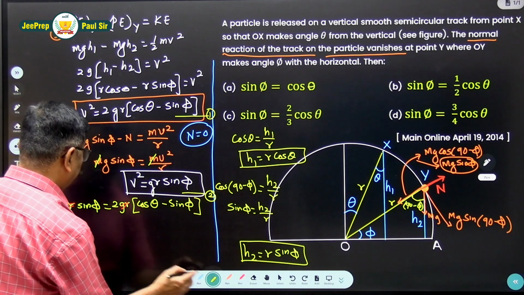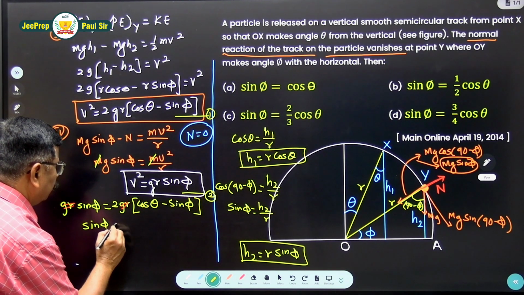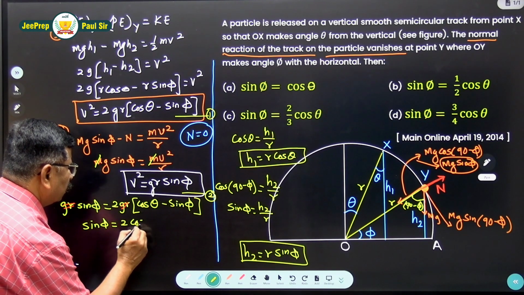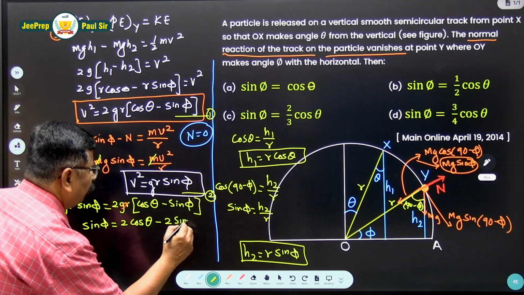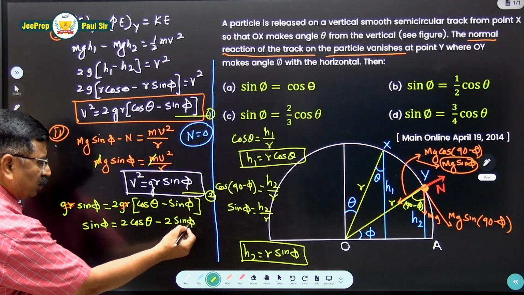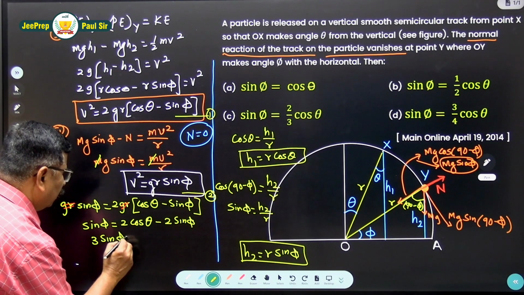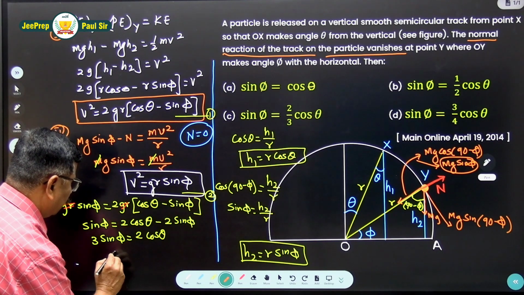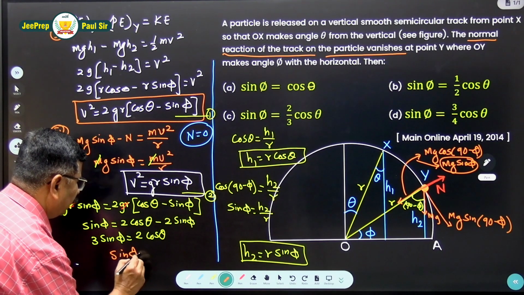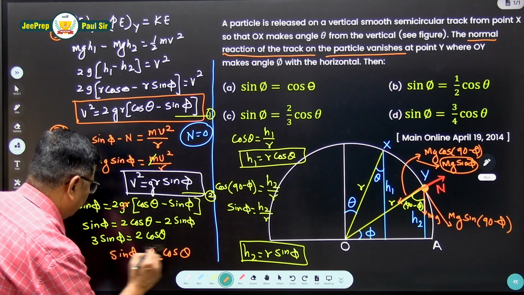Then we will get sin phi is equal to 2 cos theta minus 2 sin phi. Now this 2 sin phi we take to this side. This will be 3 sin phi is equal to 2 cos theta. Hence sin phi is equal to 2 upon 3 cos theta.